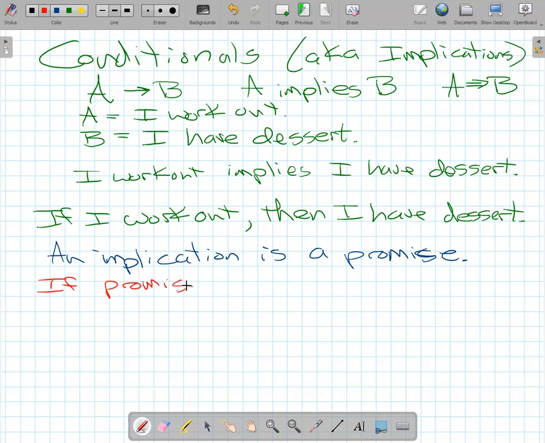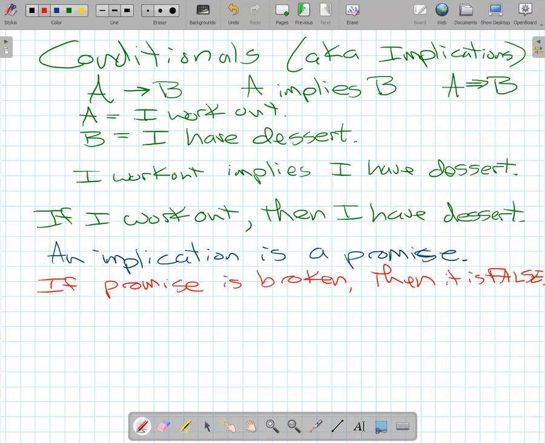This was a big lesson for me when I was first learning logic back in college. So if the promise is broken, then it's false. So I'm using an implication to describe an implication. Otherwise, it ain't false. And if something's not false, what's it got to be? It's got to be true.